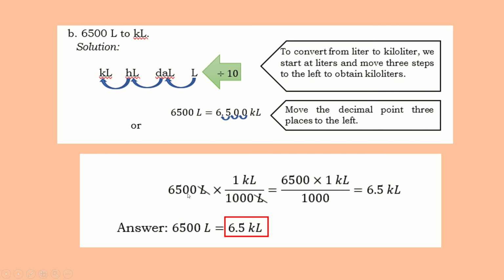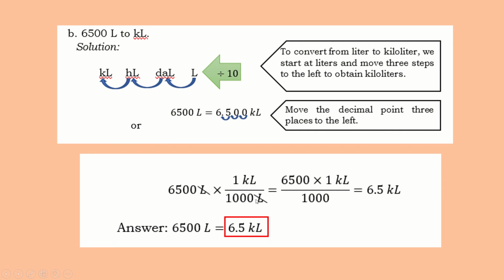So 6,500 liters times 1 kiloliter over 1,000 liters. So we have to cancel. Always remember that 1 kiloliter is equal to 1,000 liters.